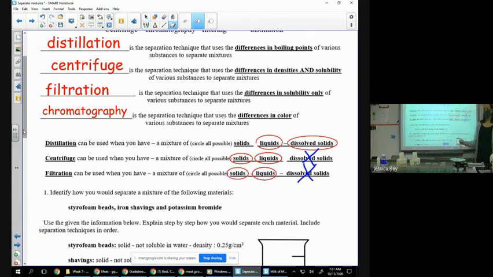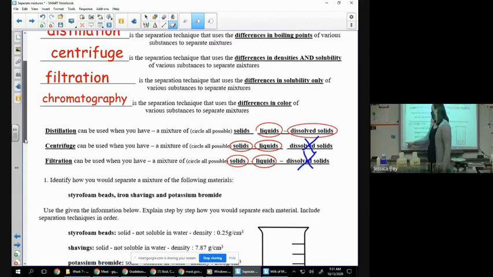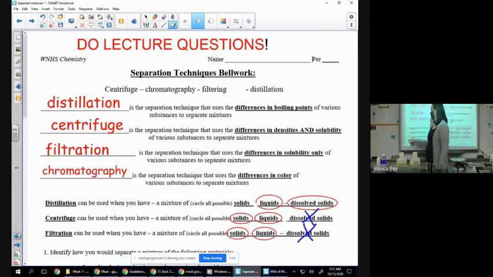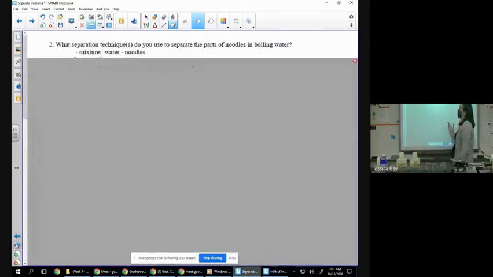Okay, so I think what we did is we tried to go through, and I started this first one with you. And then on the back, if this one's a little bit more challenging, on the back are a little bit easier. So if you want to start there, for instance, what separation techniques do you use to separate the parts of noodles in boiling water? What would you do? Do you distill it? Do you boil away all the water?